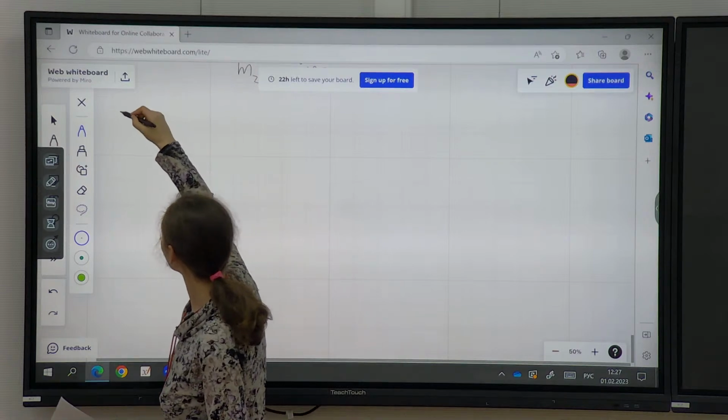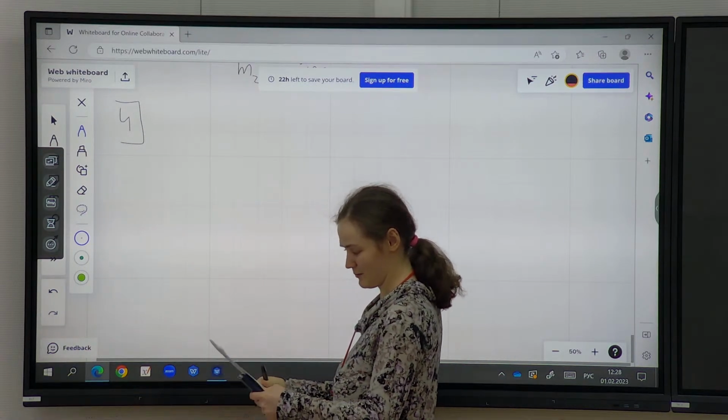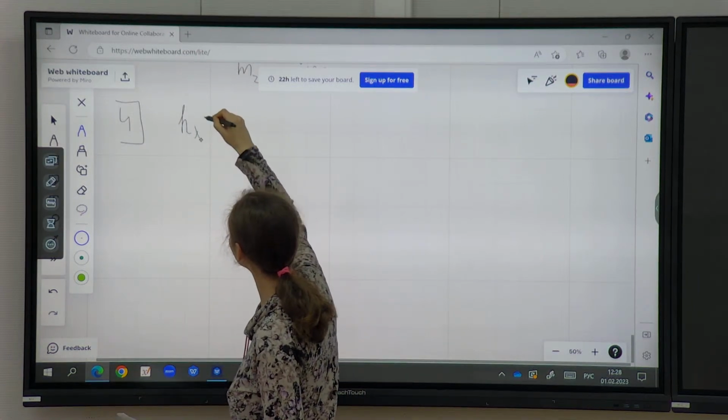Okay. The formulas in the fourth exercise are quite interesting. Let me write them down.